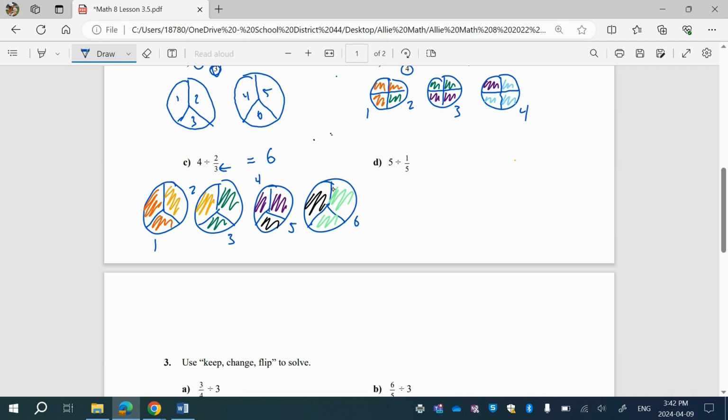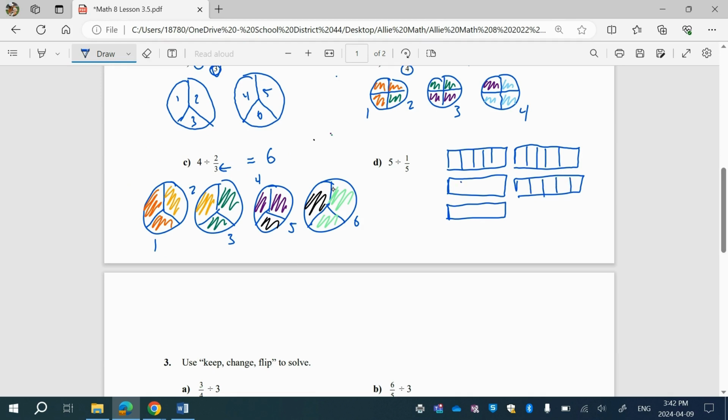And our last one is going to be slightly annoying to draw. Actually, I'm going to do it as squares. I like that a little better. I'm going to draw 5 squares, and I want to split each of them into 5ths.